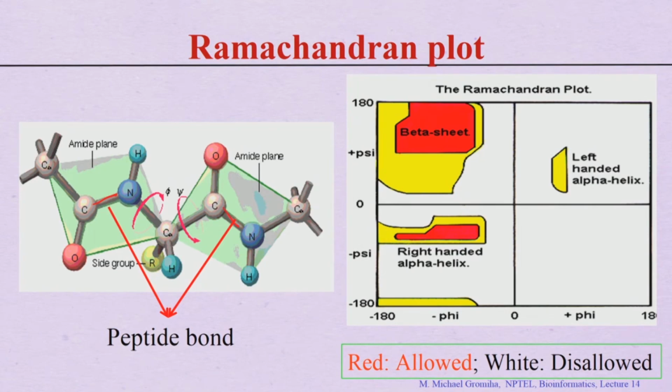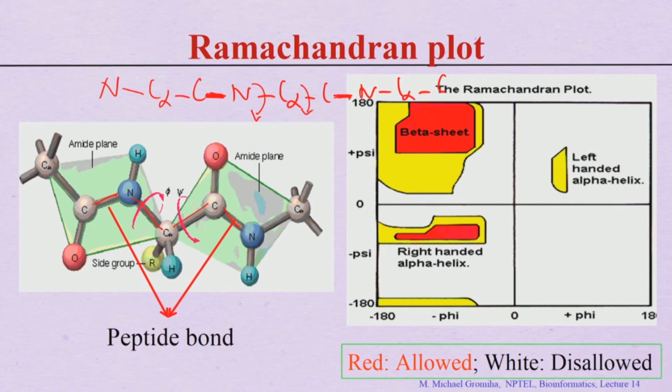If you look at the other bonds, rotations are allowed in other places. What are the other two places? N-C alpha as well as C alpha-C. For example, N C alpha C, N C alpha C. Here you can see C-N is the peptide bond, so rotations are not allowed there, but here you can carry out rotations, and here also.